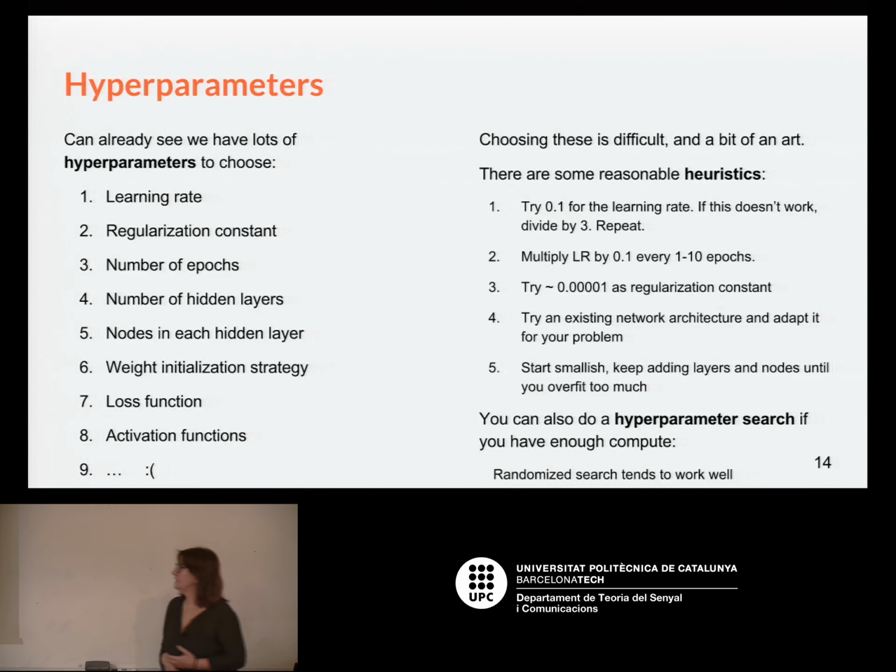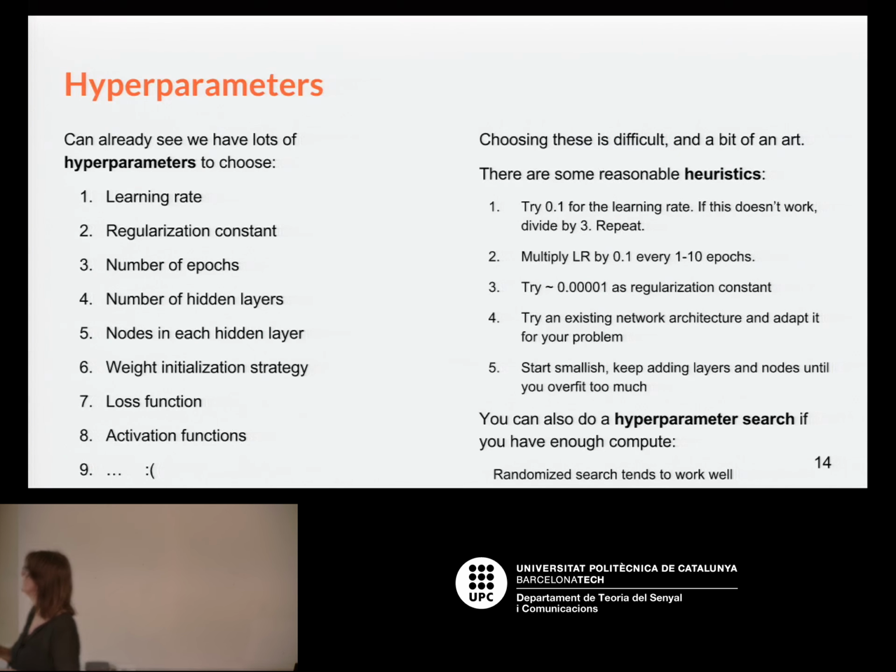And finally, the famous hyperparameters. Our parameters are the W's and the biases, but there are many other hyperparameters that we have to control, and if they are not well established, you are going to fail in training your network. The first one is the learning rate, which is the update of the W's.